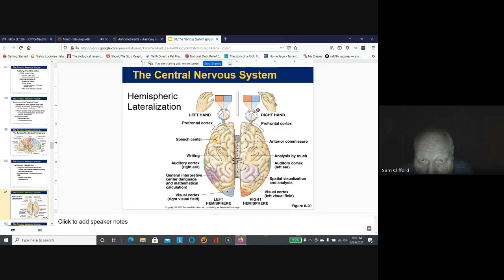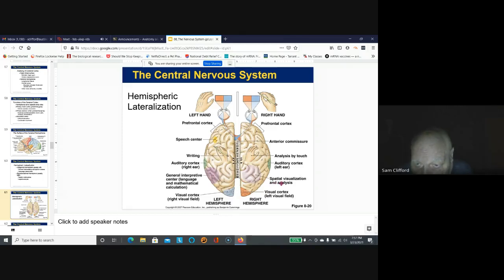So if we look at the right hand here, notice that the right hand is processed in the left side, and the left hand here is processed in the right side. So notice we have mathematical calculation and language on the left side.